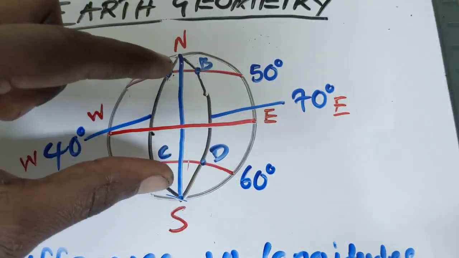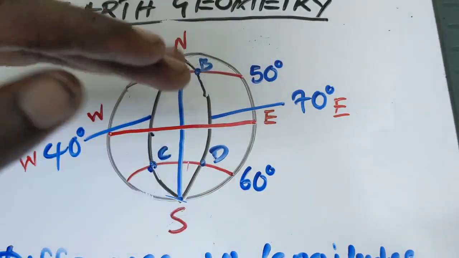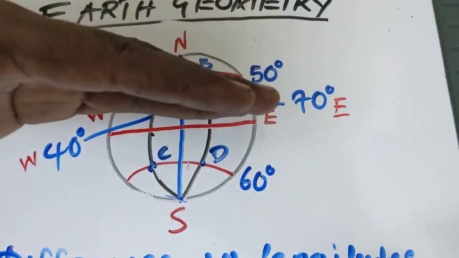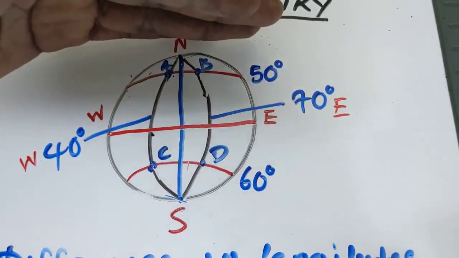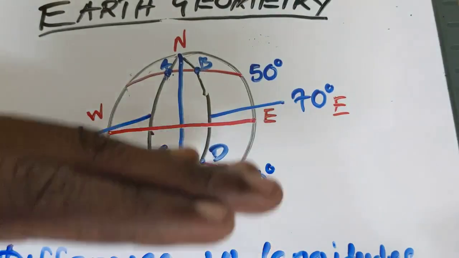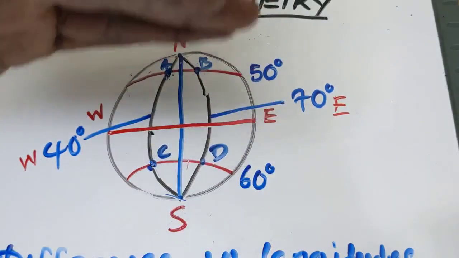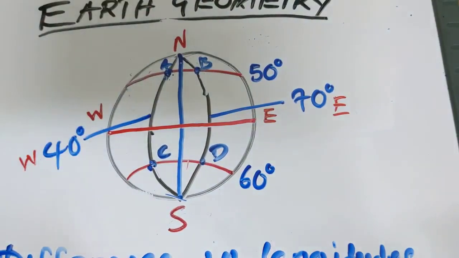If they are in different hemispheres, different places, what I mean is this is north and this is south, then they are in different places.